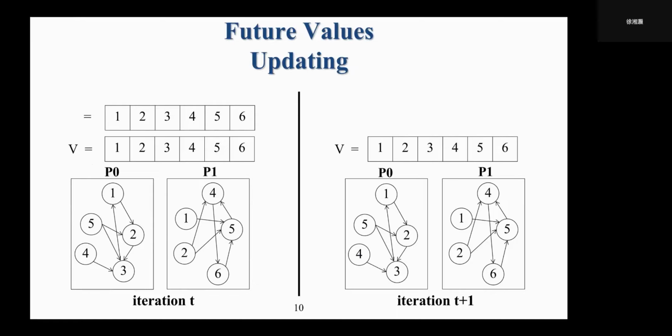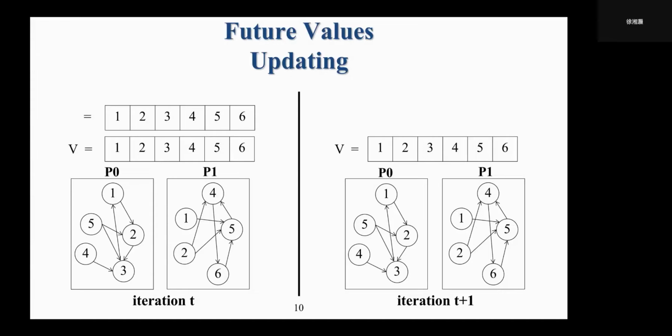In fact, the dependencies among vertices defined by the BSP model provide an opportunity to proactively compute the vertex values in the future iterations. In this example, the system successively processes graph partition P0 and P1.